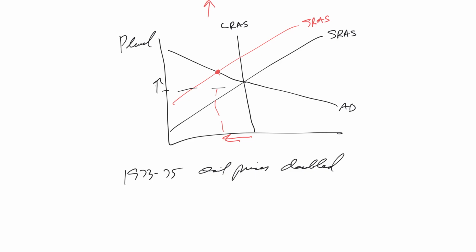In the Keynesian world, that was not supposed to happen. We weren't supposed to have inflation and recession at the same time. Here we have a recession. We have falling GDP. Here we have inflation. We have rising prices. And during that time, we had inflation of over 10%.